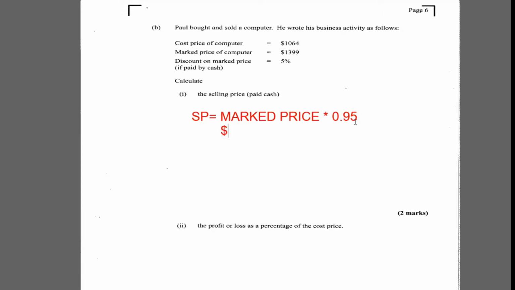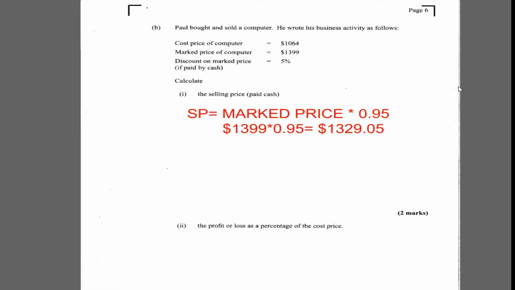And so what Paul sold it for is 1,399 multiplied by 0.95. Now let's evaluate that. That's going to be equal to $1,329.05. That's how much money he actually sold it for.